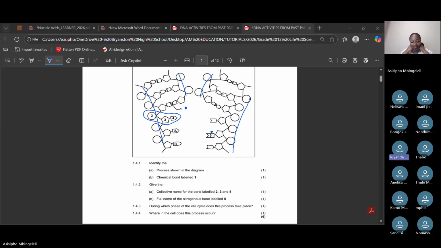When we talk about interphase, it's a phase. Yes, it's a phase. But why would they ask that question that way on the first activity, where they are saying name the part of the cell cycle? Do you get my question?